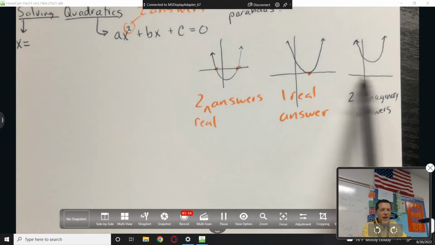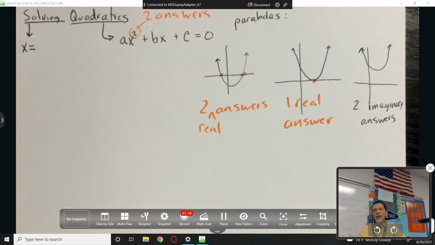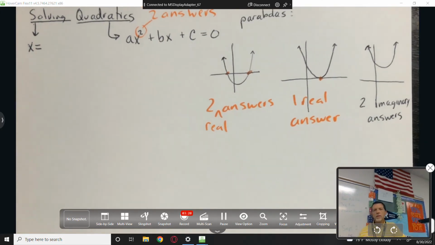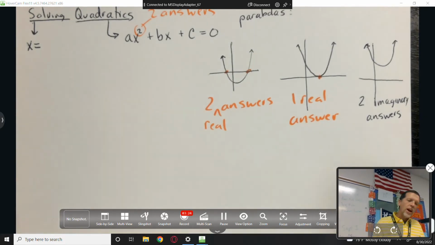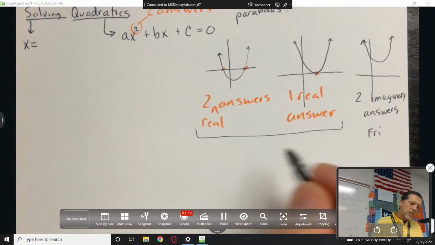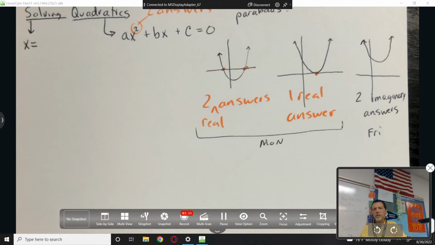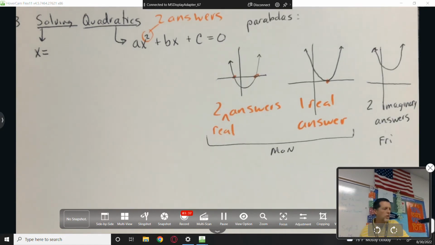So there's not any x-intercepts, but there's still two solutions. They just have an i in them. Okay, so the imaginary stuff is what we did Friday. Factoring is what we did yesterday, a little bit. So we were sort of laying the background for what we're going to do today.